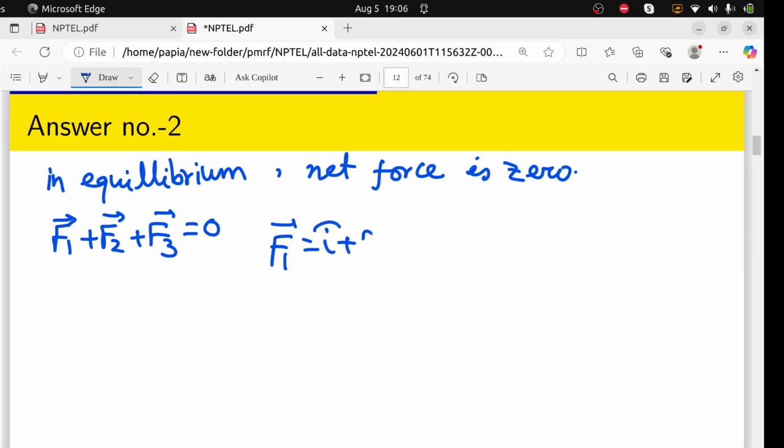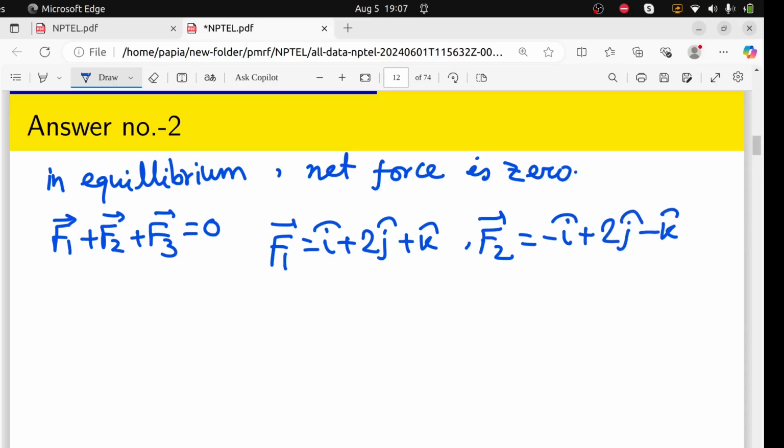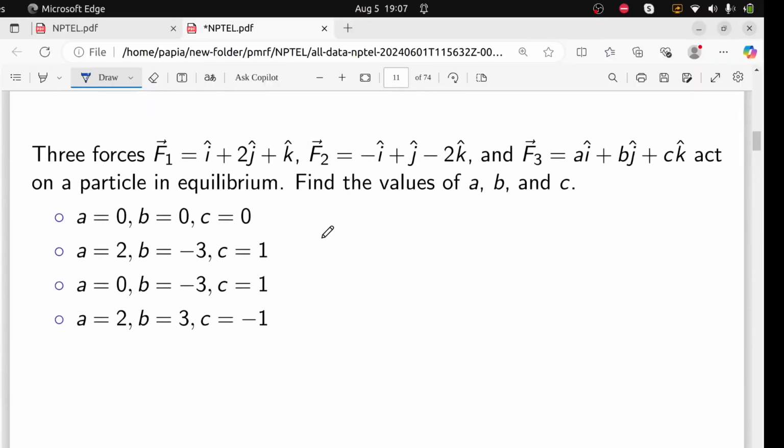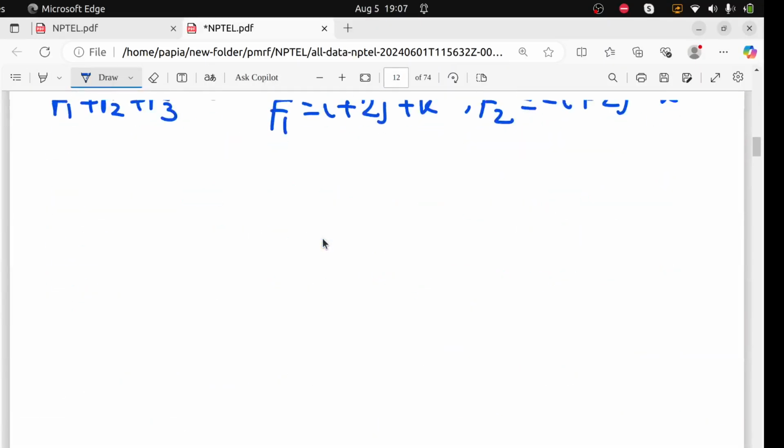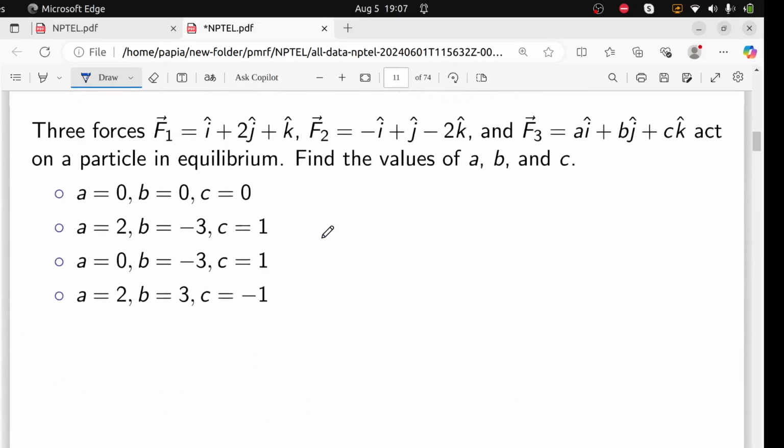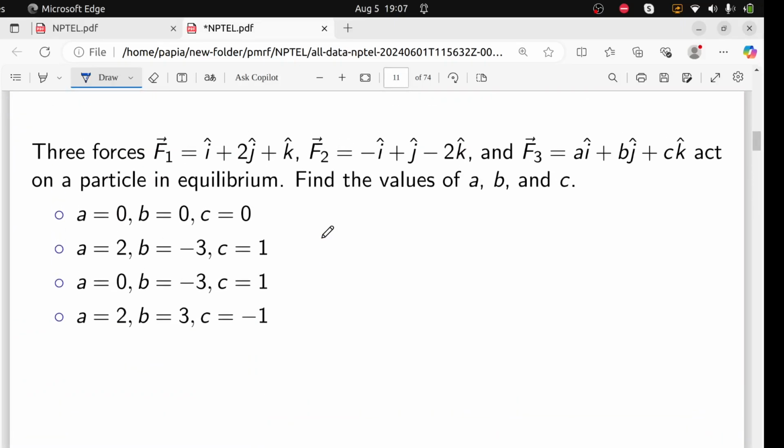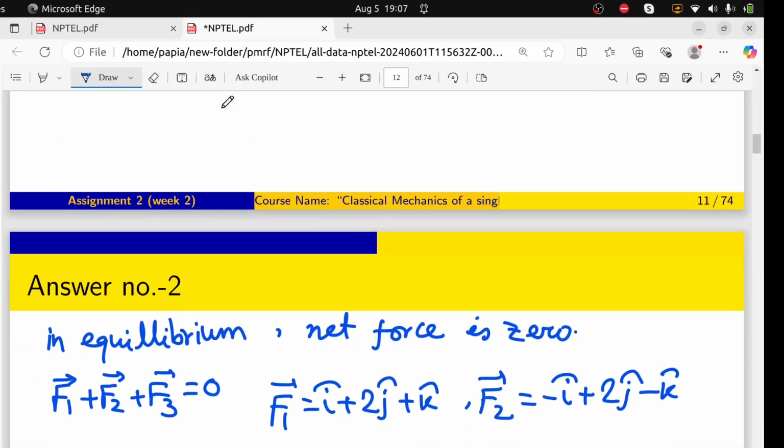1, 2, 1, minus 1, 2, minus 1. Now 1, minus 1, 1, minus 2, minus 1, minus 1, minus 2.